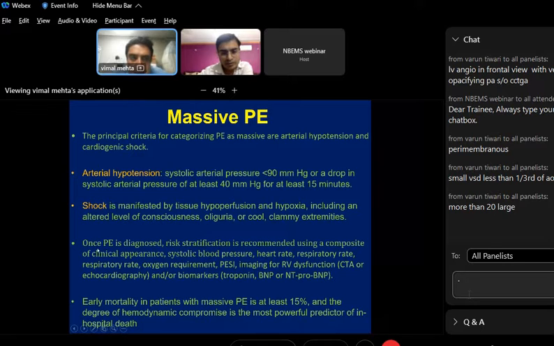And once the diagnosis of pulmonary embolism is made, risk stratification is recommended so as to define what treatment is to be done. In patients who have these features, hypotension, shock, they require some sort of therapy, either thrombolysis or catheter removal or surgery.